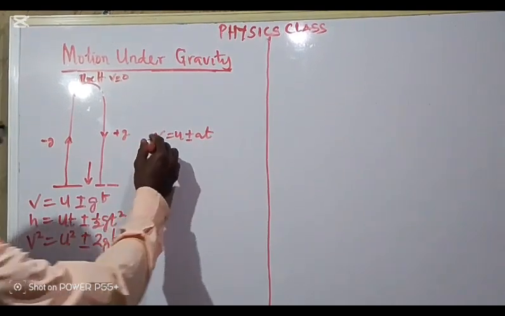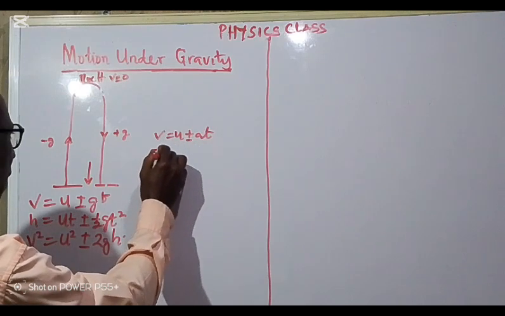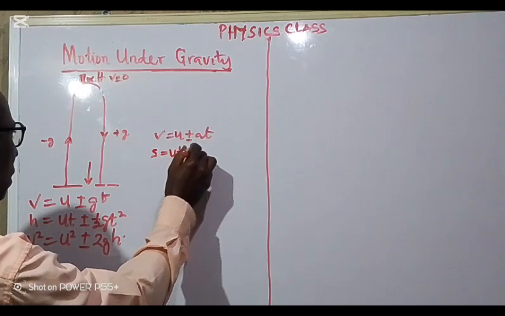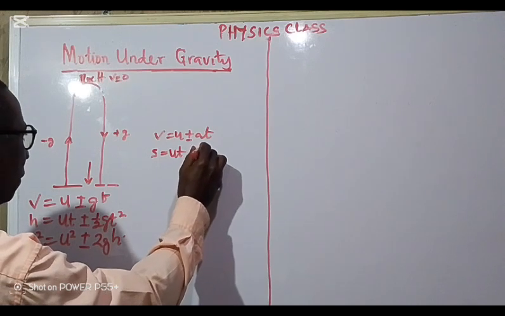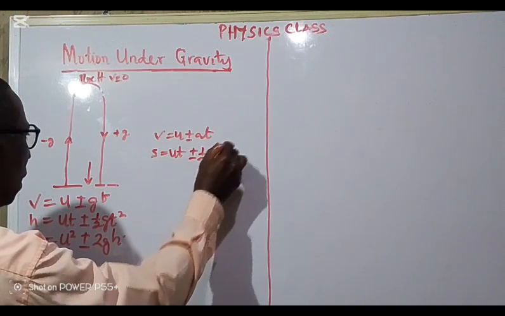The second equation under linear motion is S is equal to ut plus or minus half at square.